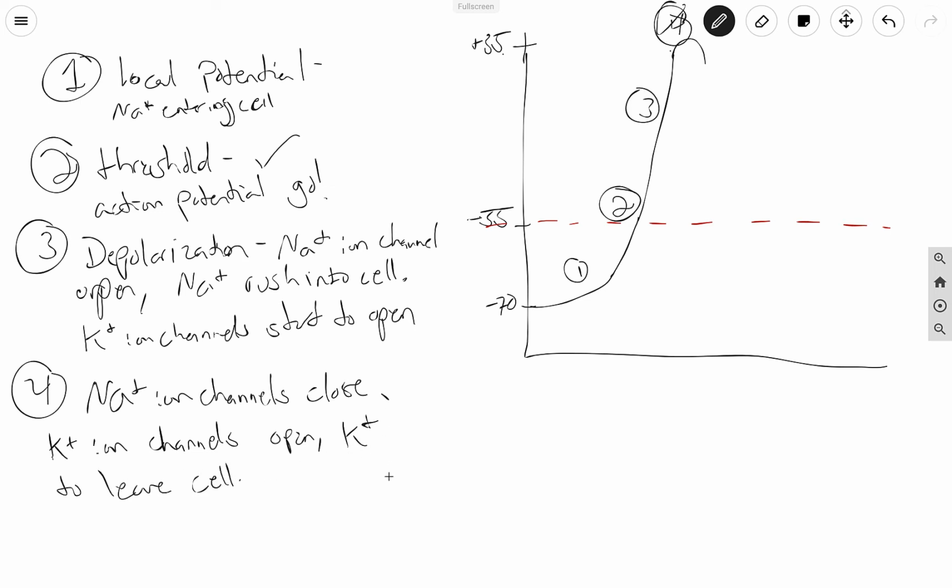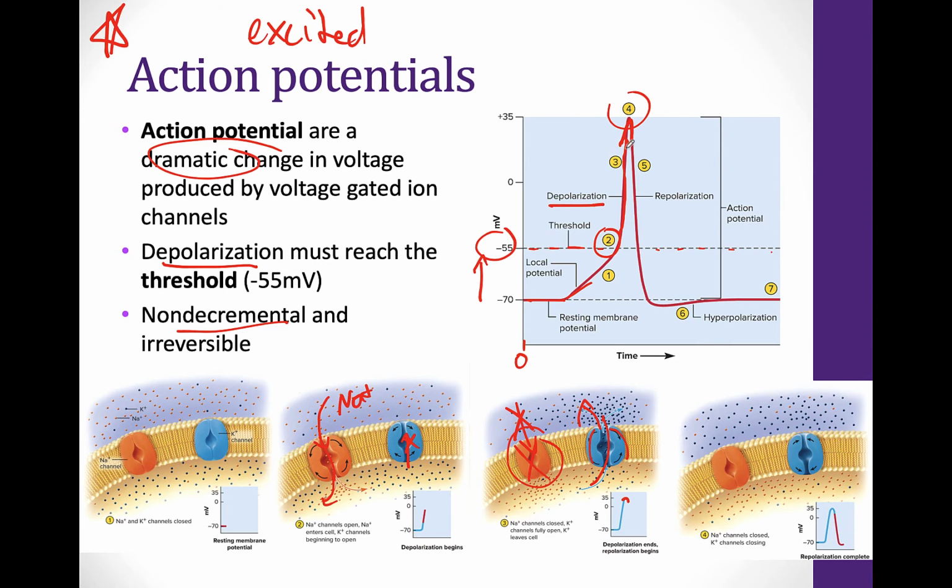So when potassium leaves, it's going to take these positive ions and let them go outside of the cell, and that's going to make things more negative. So the lack of incoming positive sodiums and the loss of positive potassiums is going to start to turn this curve very quickly. Our next step here, number 5, is called repolarization. So during repolarization, the potassium is leaving the cell, and then eventually these potassium channels will start to close.